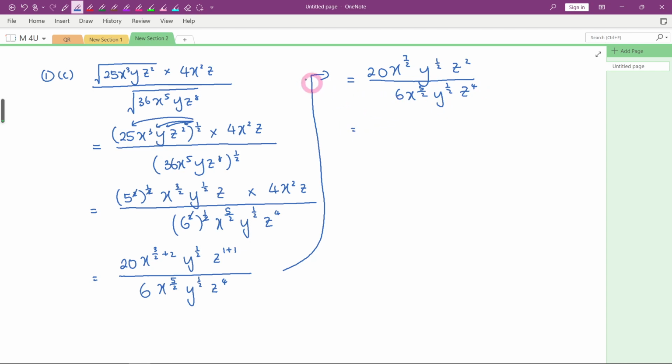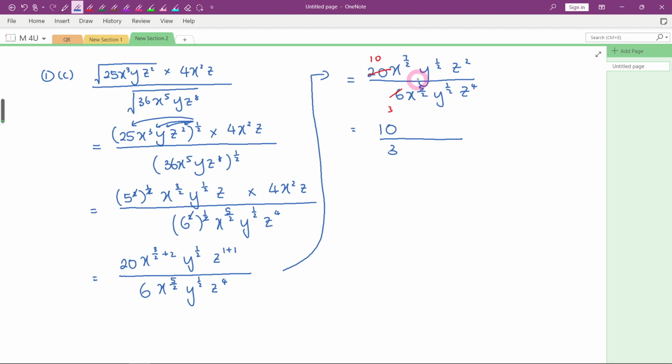Okay, now we can still simplify it further. 20 divided by 6, you can divide them by 2, right? Here will give you 10. This will give you 3.